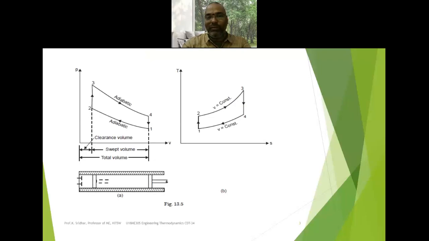In the previous class we discussed the Otto cycle working principle and the PV diagram and the TS diagram of the Otto cycle. It basically contains two reversible adiabatic processes and two constant volume processes.